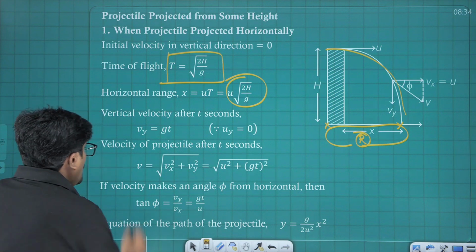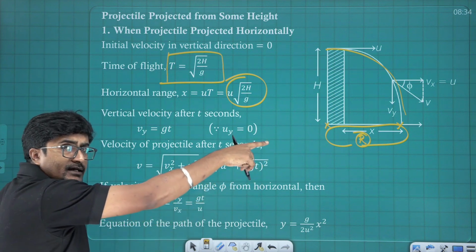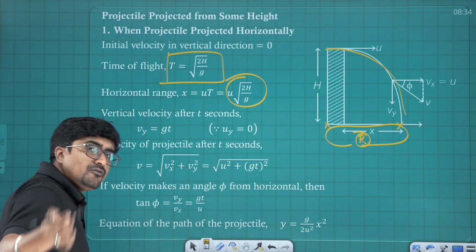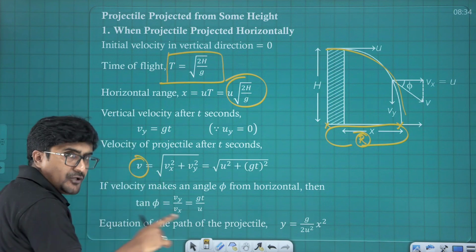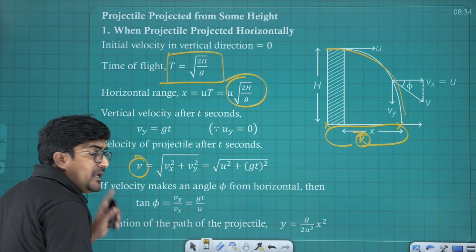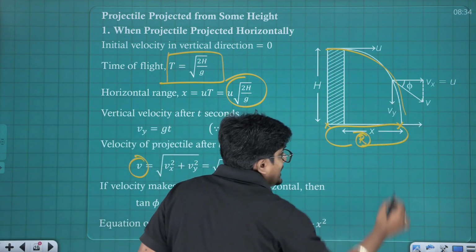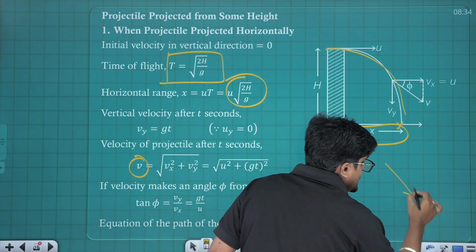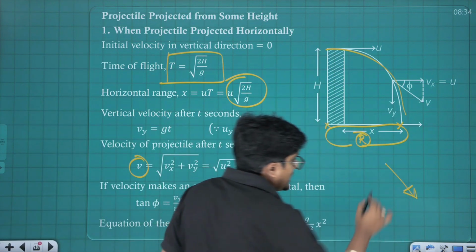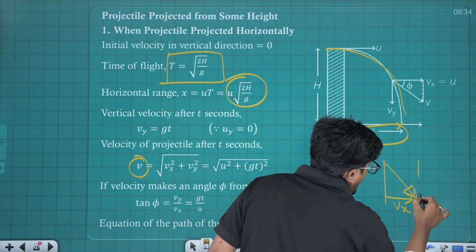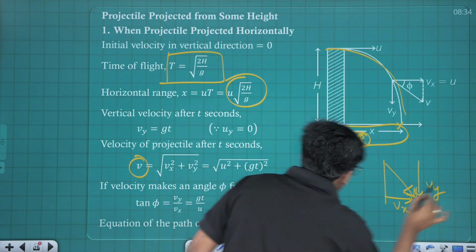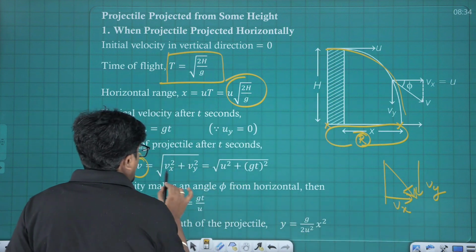All right. Now at the time of landing, if you want to find out the final velocity, that is going to be a magnitude I am telling here. Once it is landing here, the velocity vector is going to be something like this. That means it's going to have a vx component as well as a vy component, marked here.